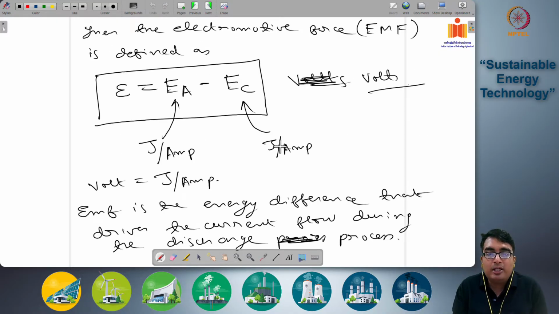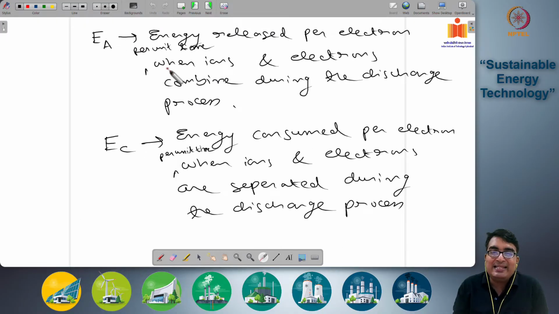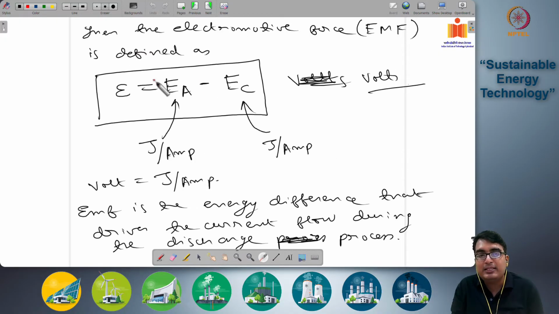Then the electromotive force is the difference between these two. So the electromotive force is the difference between EA and EC, EA minus EC. Now the units of EA and EC are joules per electron per unit time, so joules per ampere. So this is also joules per ampere and this is also joules per ampere.